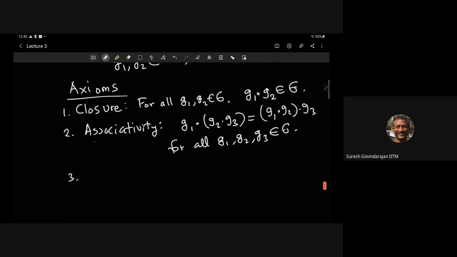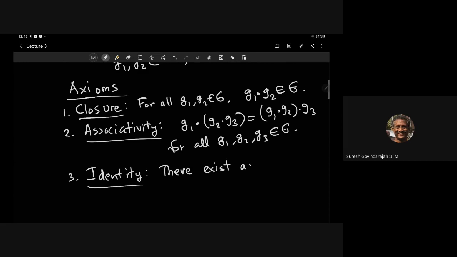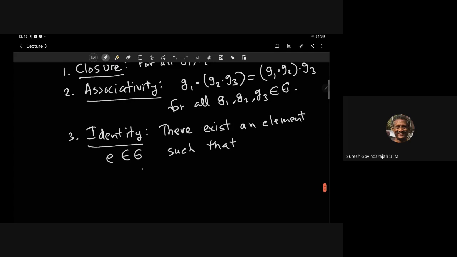Third is existence of something called an identity element. There exists a special element E, which belongs to G, such that G dot E equal to E dot G equal to G for all G.